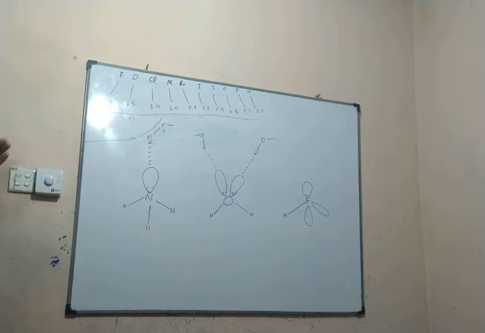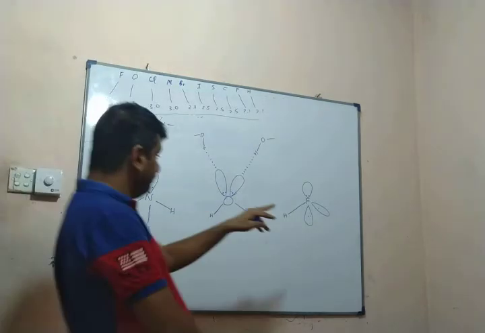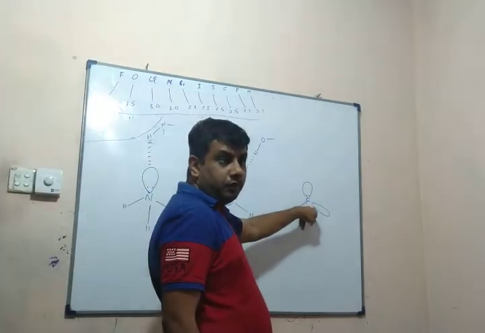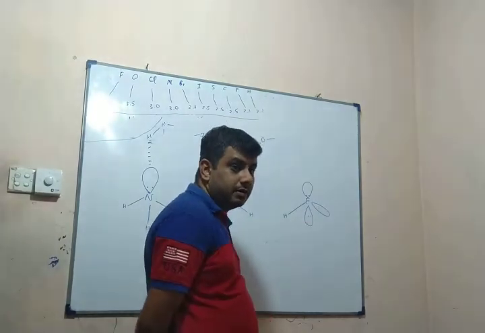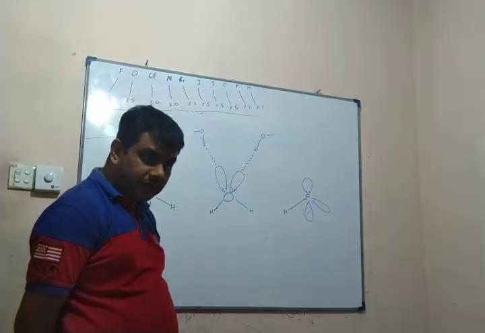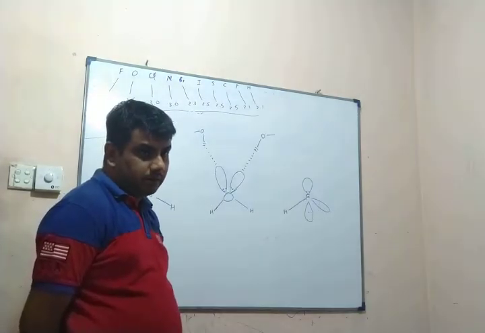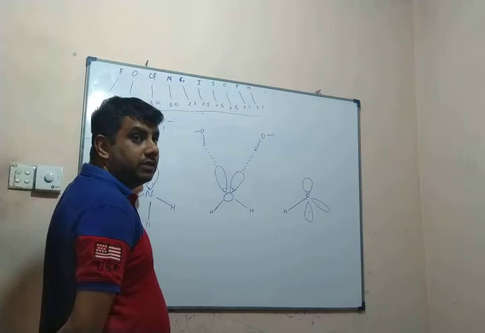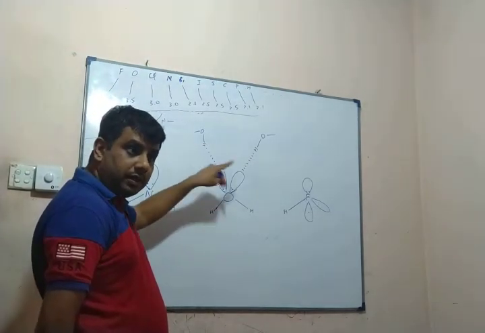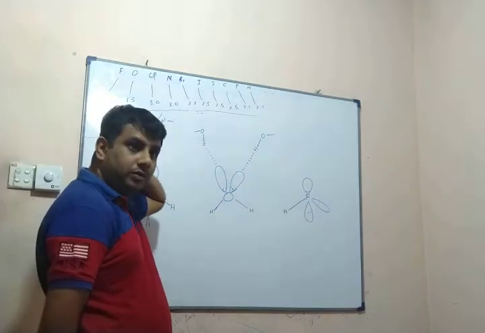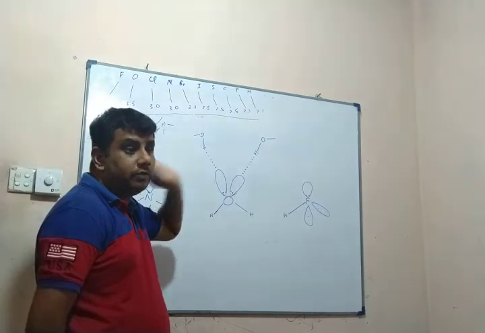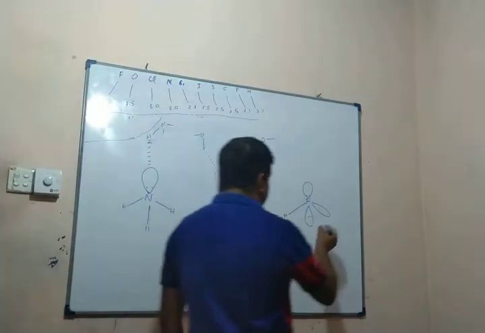Okay, and how many hydrogen bonds can form around fluorine? Not 4 hydrogen bonds, only 1 hydrogen bond. Here, 1 lone pair, so 1 hydrogen bond. 2 lone pairs, so 2 hydrogen bonds. But there, how many lone pairs? 3 lone pairs, but not 3. Only 1 hydrogen bond will form. We'll see the reason later.